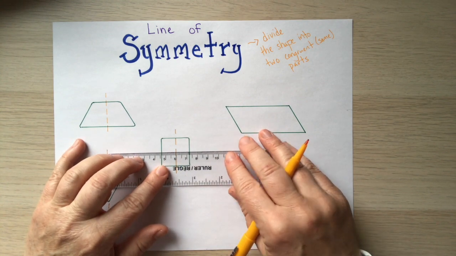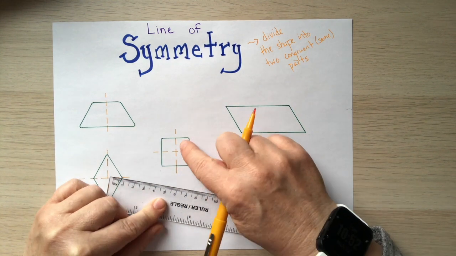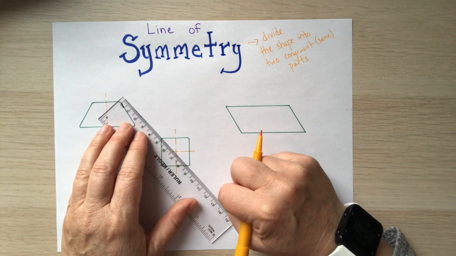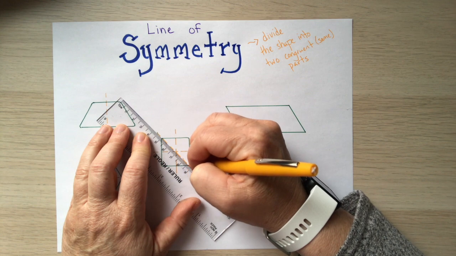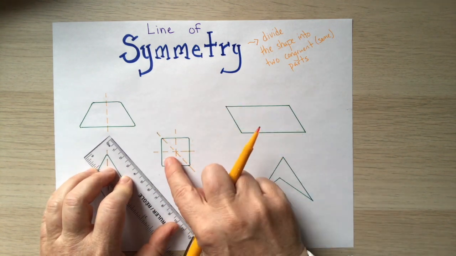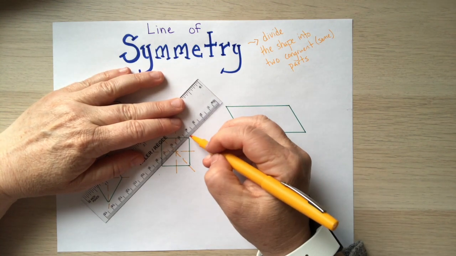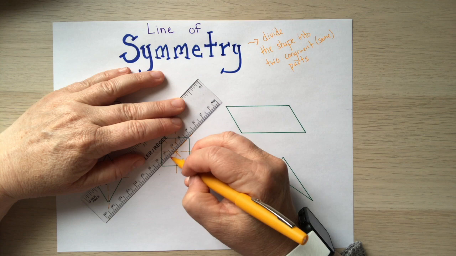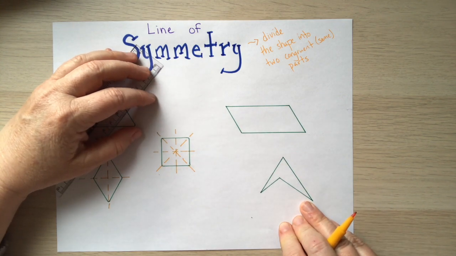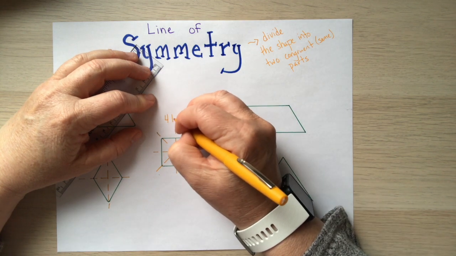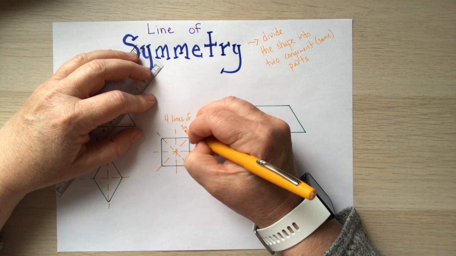You can also do it horizontally, making a line of symmetry this way. You can also make a line of symmetry through the diagonal with these two angles, making these two sides congruent, and then coming down this way, making these two sides congruent. So there's actually 4 lines of symmetry for a square.